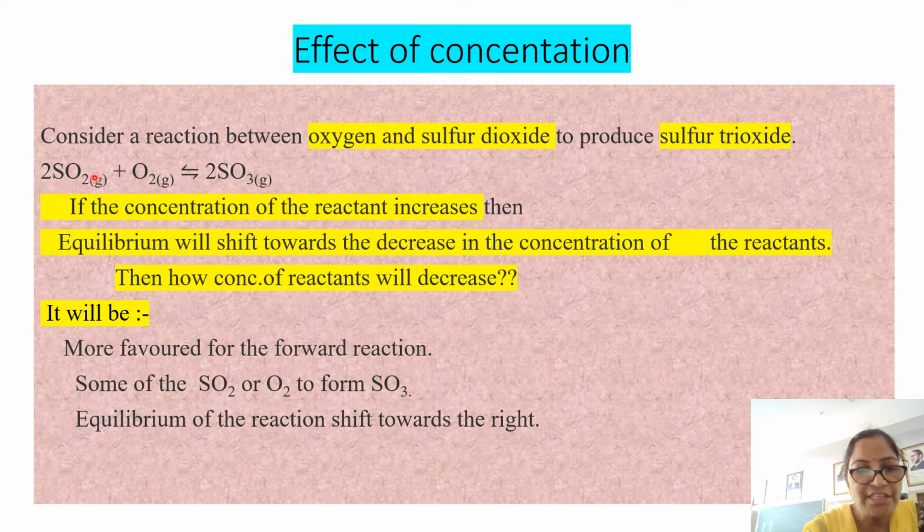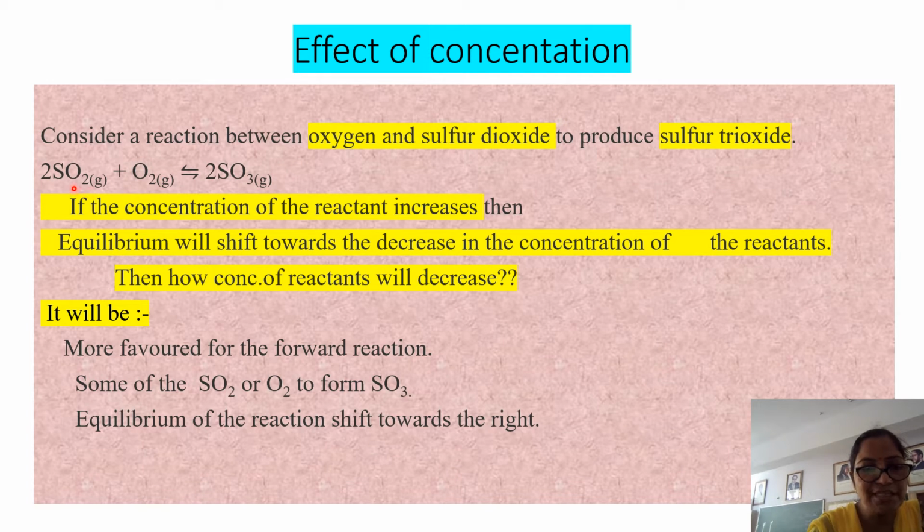So if we increase the concentration of sulfur dioxide, it means in the reaction mixture the concentration of sulfur dioxide is more than the equilibrium concentration. Naturally, the increased concentration of sulfur dioxide will try to get reduced by changing the reaction either in the forward direction or in the backward direction.